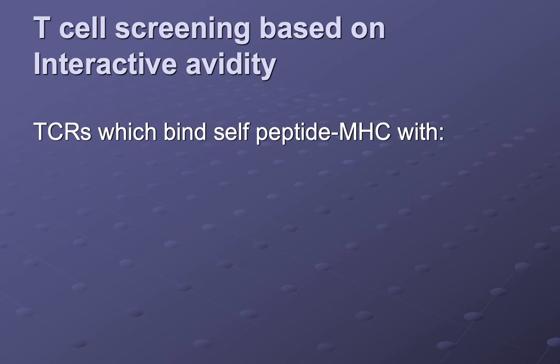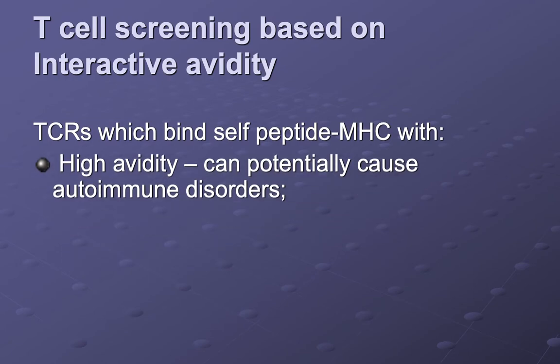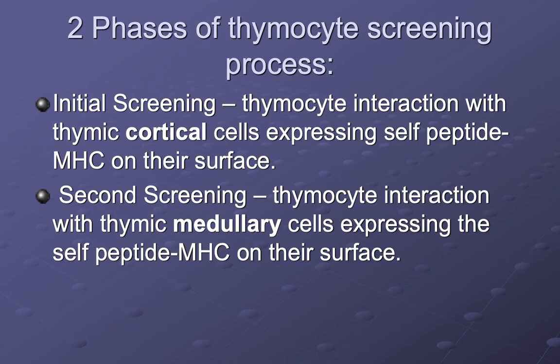There is what we call an initial screening, where your thymocyte will interact with your other thymic cortical cells, the dendritic cells that present the self-peptide MHC complex on their cell surface to these thymocytes.